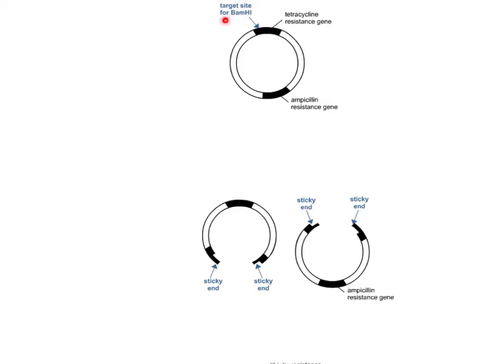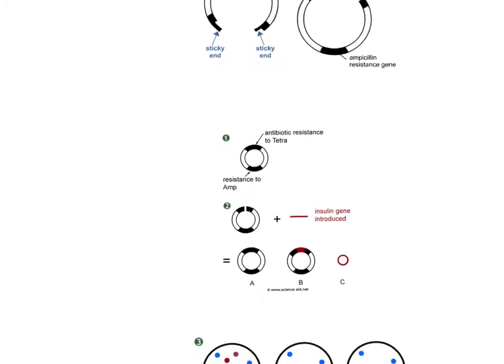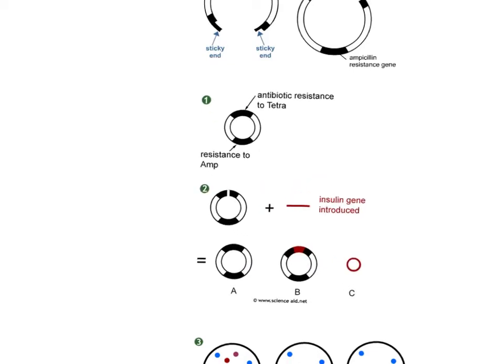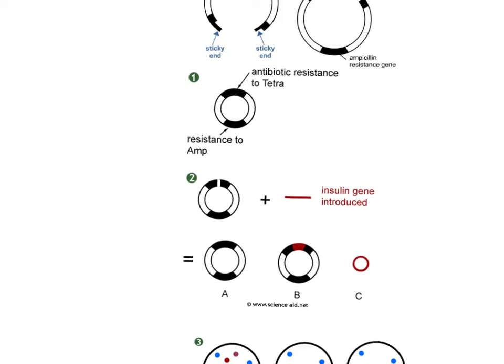The same restriction enzyme is used to treat the ends of our gene for insulin production, and that allows the complementary sticky ends to insert our gene into the middle of the tetracycline gene there.